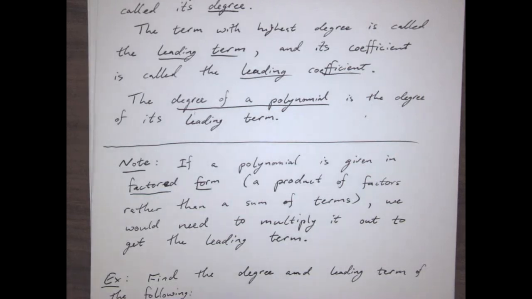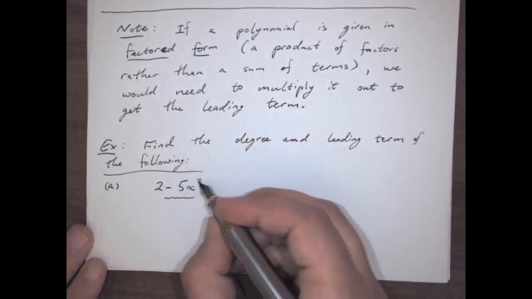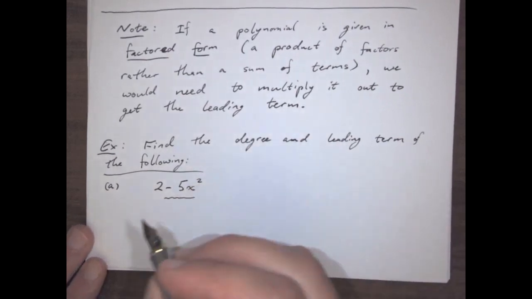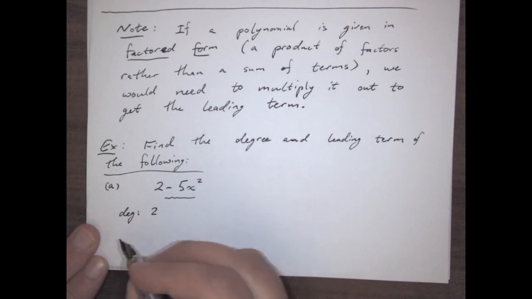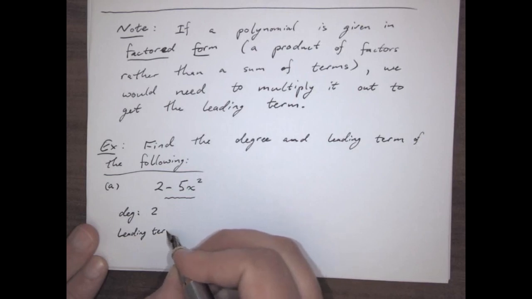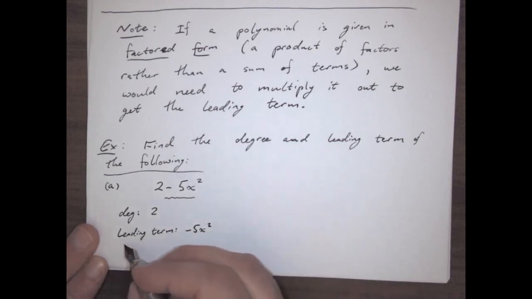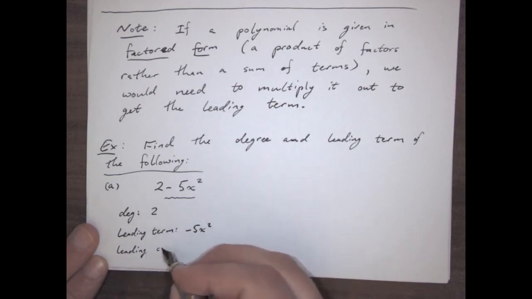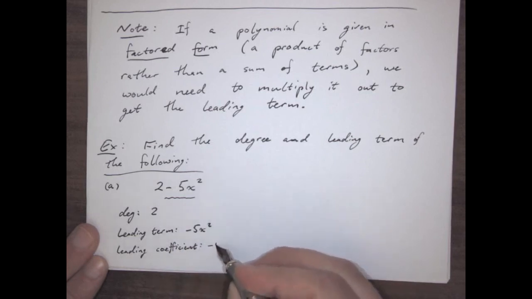Here, the leading term is the term with highest degree, and that degree is the degree of the polynomial. So the degree here is 2, and the leading term would be the negative 5x squared. And for the record, the leading coefficient, if you were asked that, would be just that negative 5.